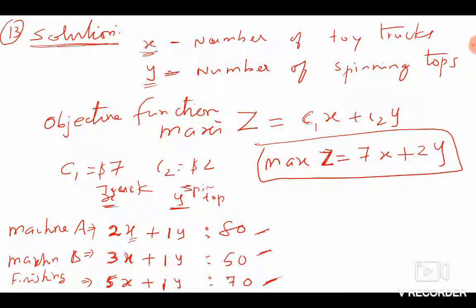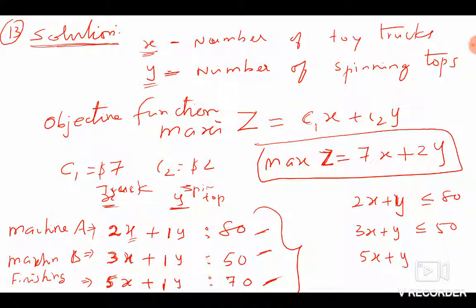So this will give you the constraints, which is 2x plus 1y should be less than or equal to 80. I will explain why less than. 3x plus y is less than or equal to 50. 5x plus y less than or equal to 70.